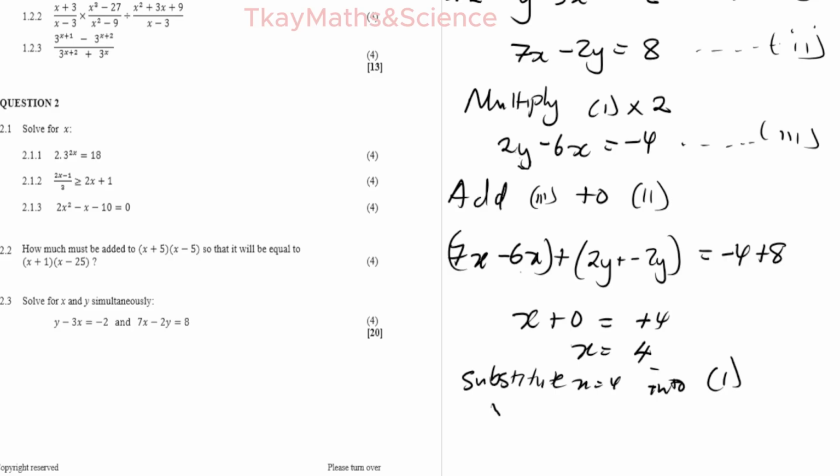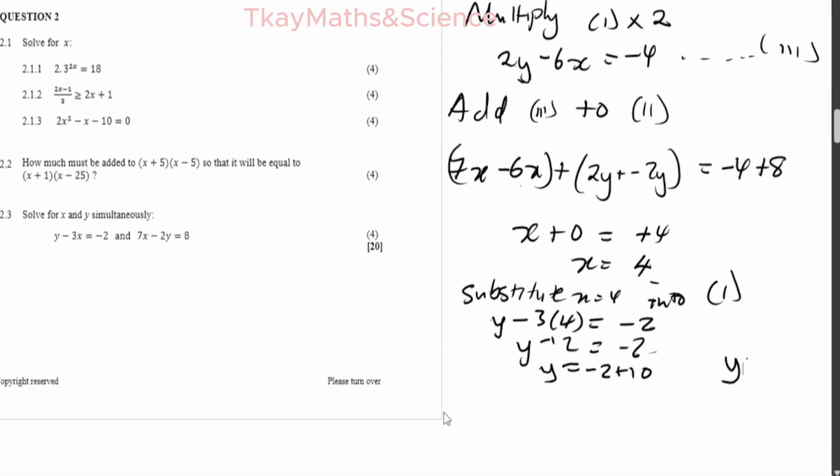Our x is 4, y minus 3 times 4 is equal to minus 2, right? Okay, y minus 12 is equal to minus 2. Now we can get y is equal to minus 2 plus 12, since if the minus 12 crosses to this side, it's going to become positive. So our y now will become what?